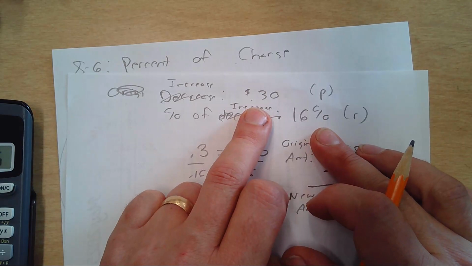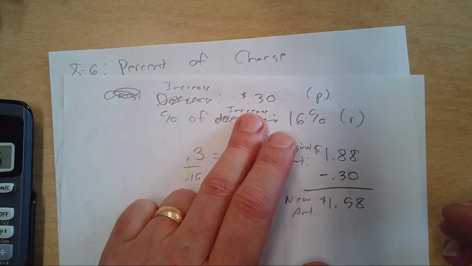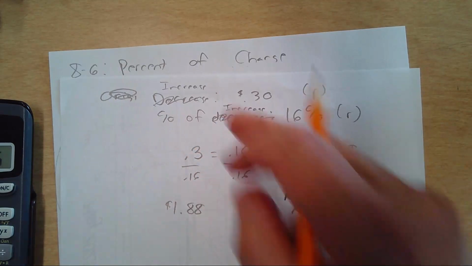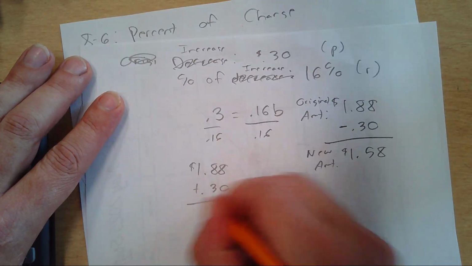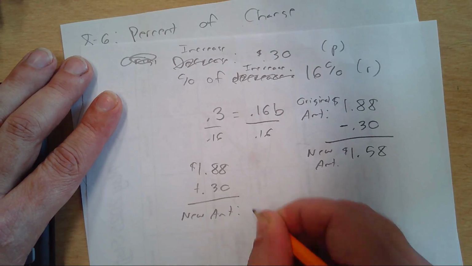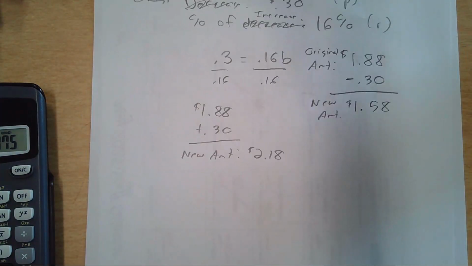So whether I'm increasing or decreasing doesn't have any bearing whatsoever on the original amount. What changes is the new amount. Because if I had an increase of 16%, well then I need to add 30 cents on. And then my new amount would actually be $2.18 that way.